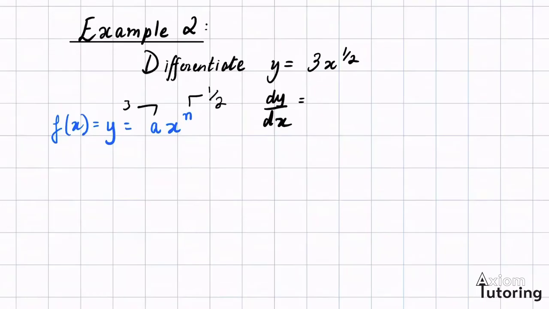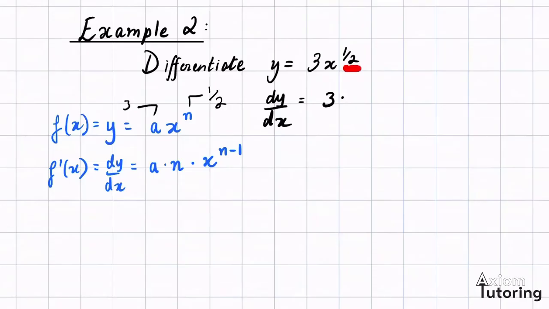So a is 3, n is a half. If we want to find the derivative, which is dy over dx, or f dash of x, what we want to do is we keep the a, we bring down the n, and then we do x to the n minus 1. So our value for a is just 3. So we keep 3 there, and then we multiply it by n.